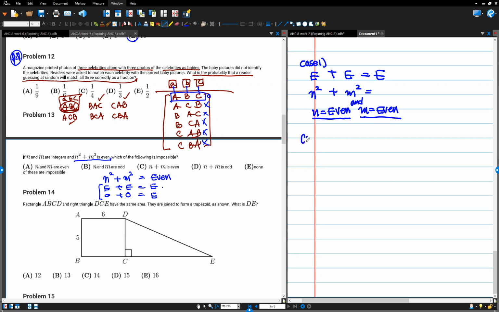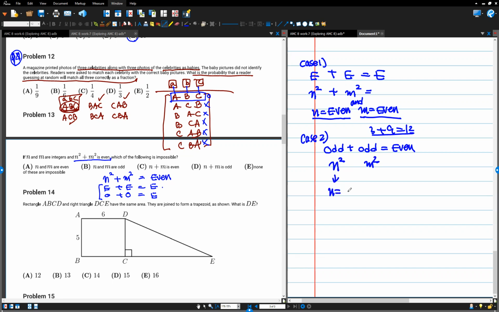Now case 2. Odd plus odd is also even. Right? 3 plus 9 is 12. Odd plus odd is always even. N squared is odd. What is N?